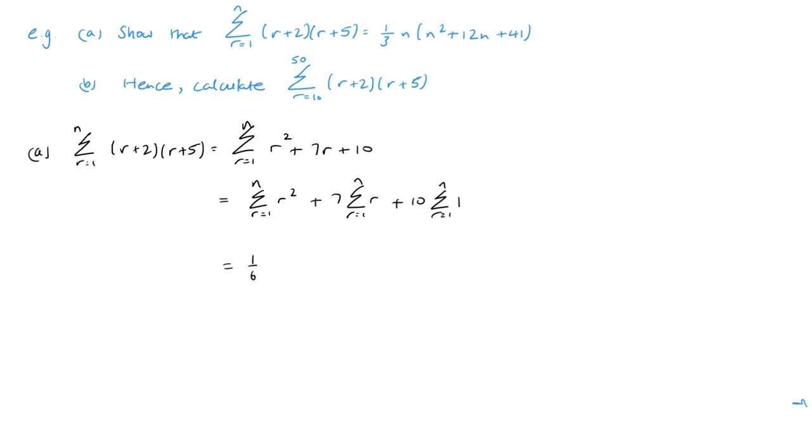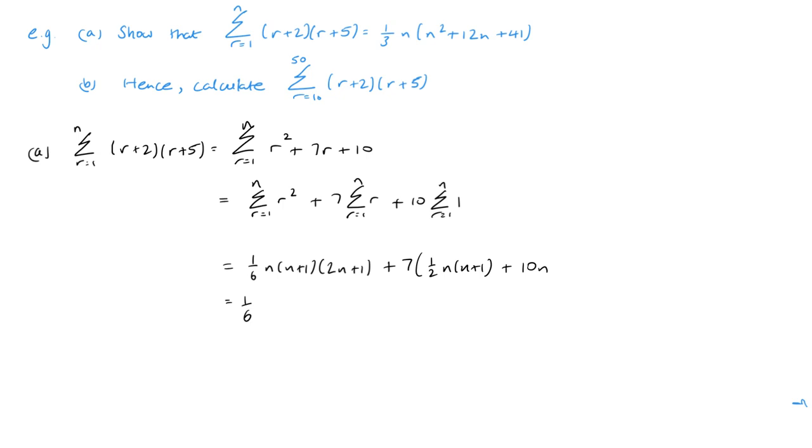So this first one is 1/6 n, n plus 1, 2n plus 1, plus 7 times a half n, n plus 1, plus 10 times n. Now it should be a matter of expanding and simplifying.